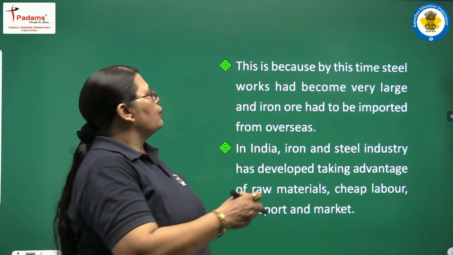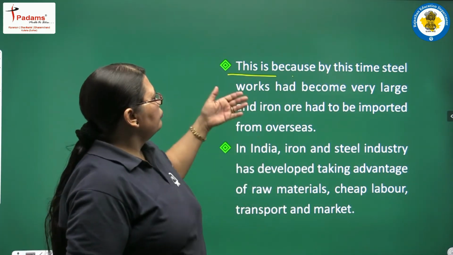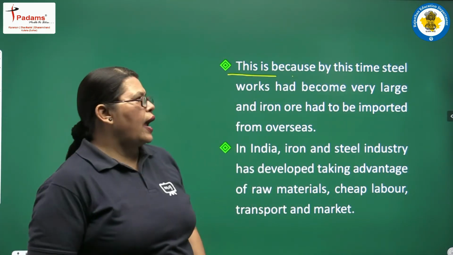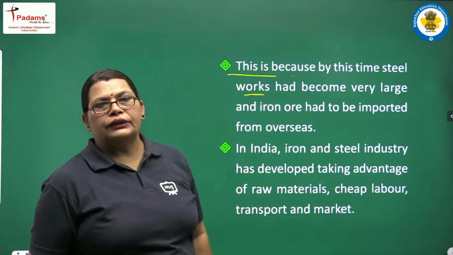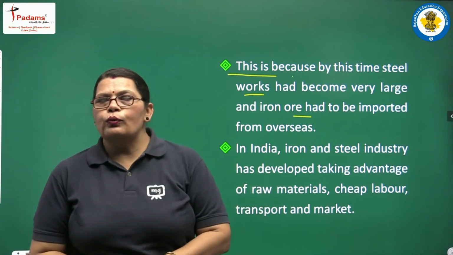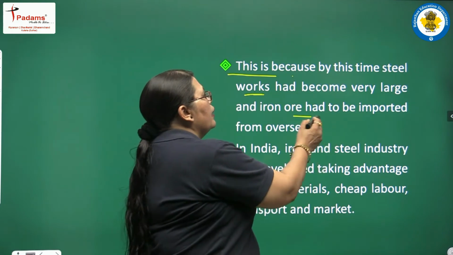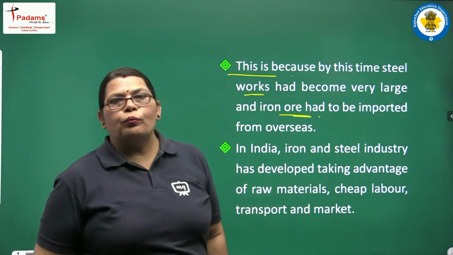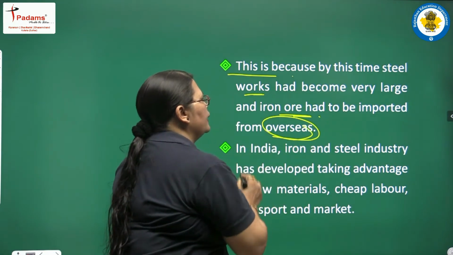When we are talking about the cause behind it, see, this is because by this time steel works had become very large and iron ore had to be imported from overseas. See the situation here, because at that time iron ore had to be imported from overseas and elsewhere.